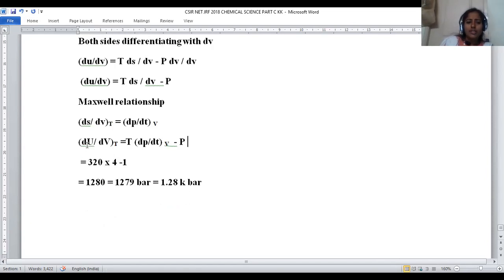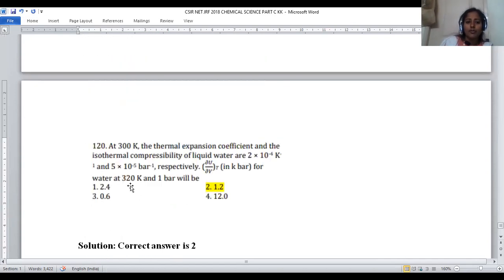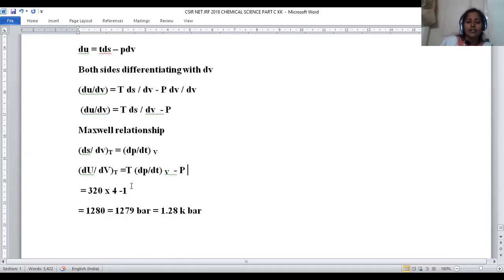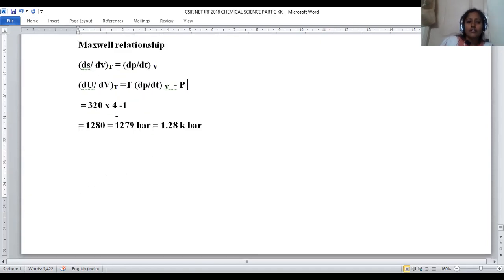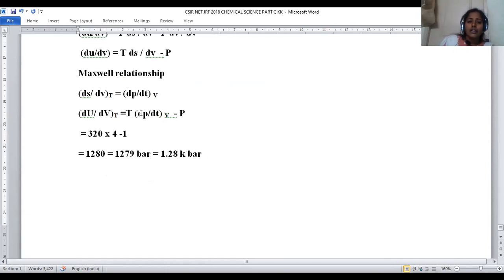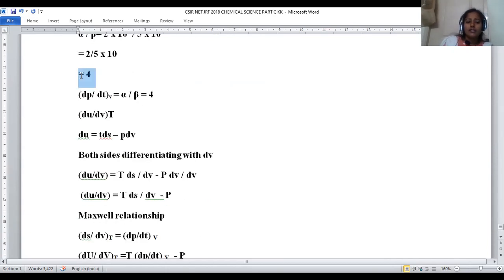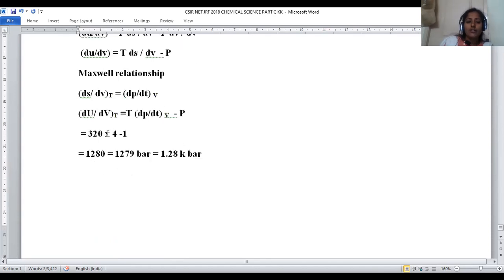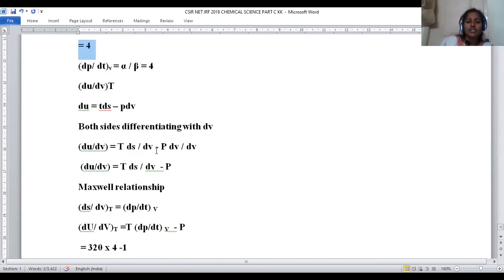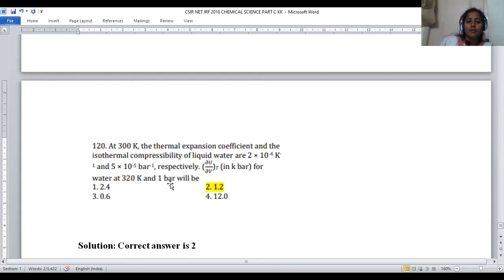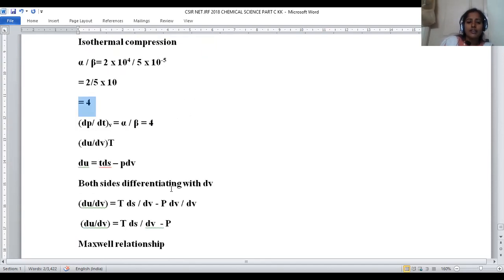So here dU by dV is to be calculated. For that purpose, the temperature provided within the problem is 320 Kelvin, into the dP by dT value that we just calculated, that is 4. So 320 into 4 minus pressure. How much pressure is given within the problem? 1 bar pressure is given.